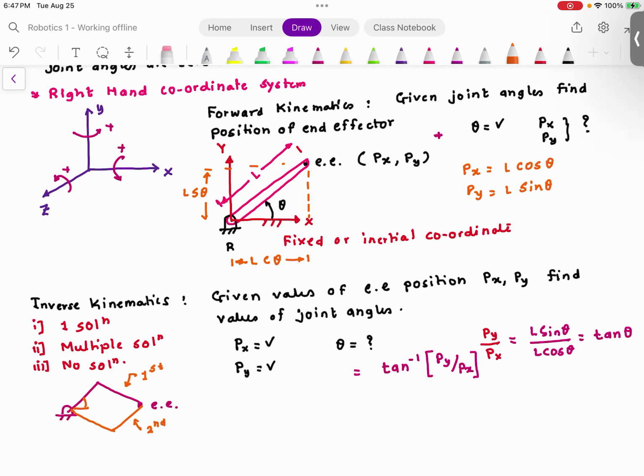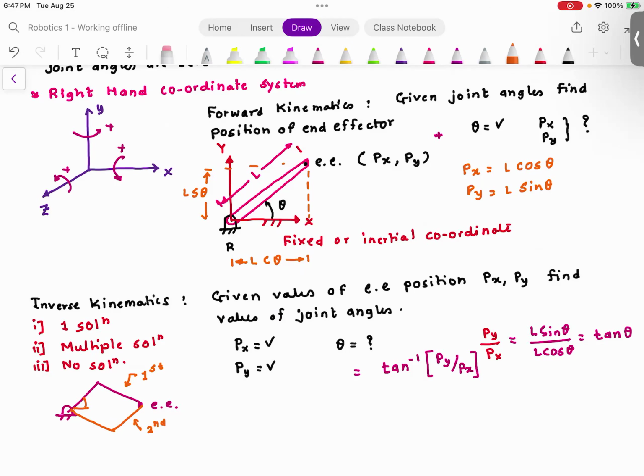So for forward kinematics, you substitute the value of theta, and get the value of Px, Py, and Pz. That's very straightforward. For inverse kinematics, there may be a solution, there may be multiple solutions, or there could be no solution. So how do we solve this inverse kinematics problem?